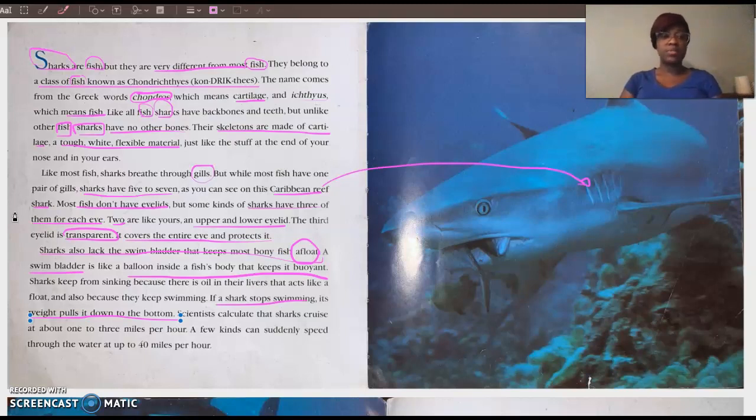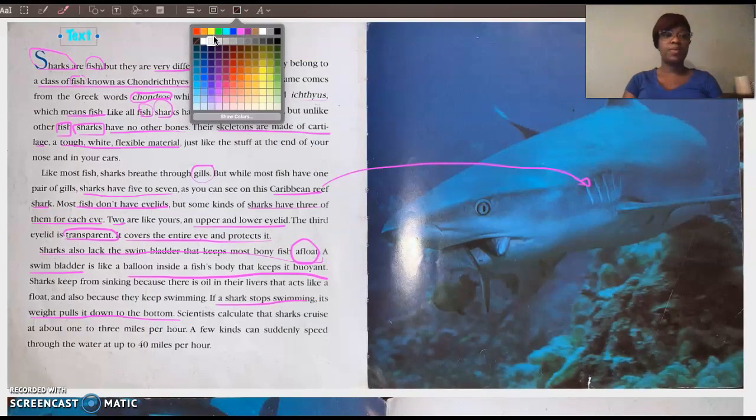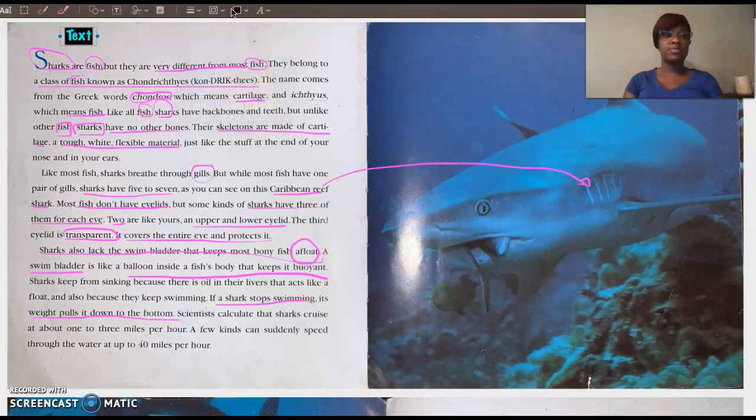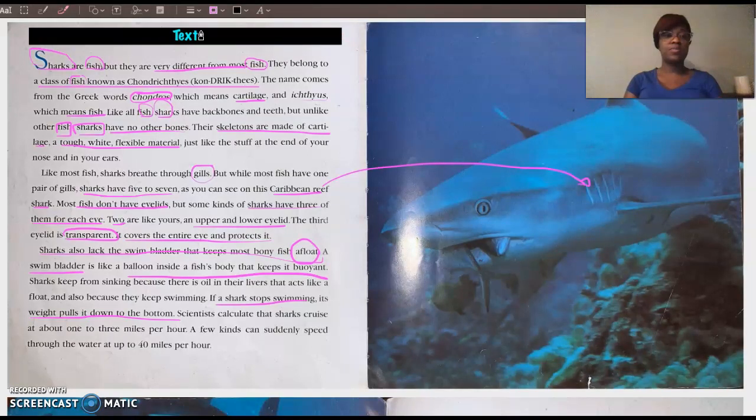All right, let's keep thinking. What would be a good title for this section? We're going to put it right over here, and I'm going to make it in black. What do you guys think?